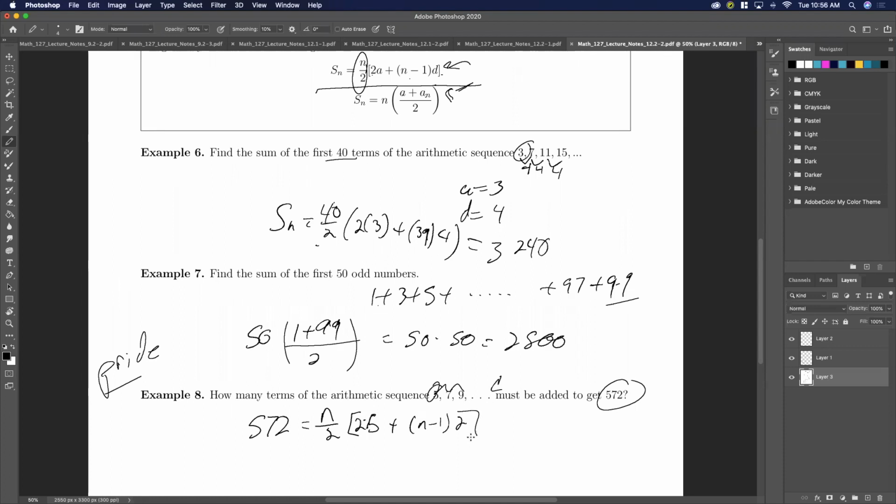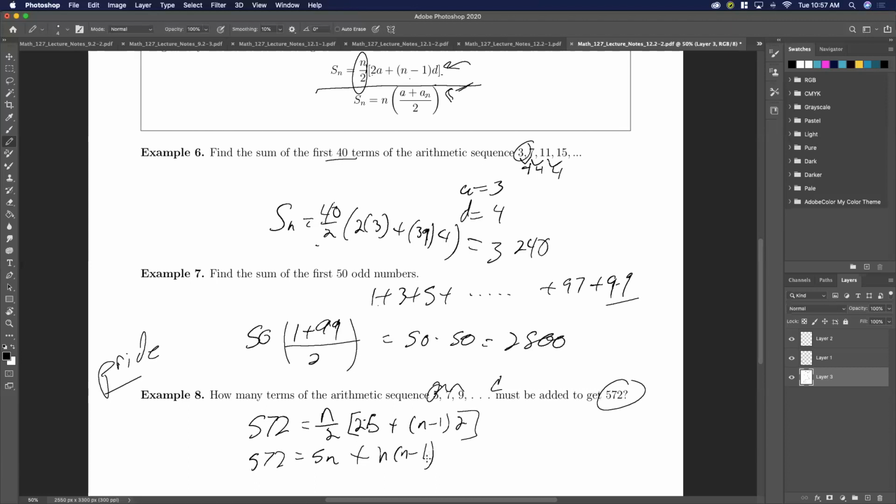Okay, all right. So now what we're going to do, in order to solve this, I'm just going to multiply my n in. If I chuck the n over 2 in, the 2s cancel, so I have 5n. So my first term is 5n plus, what do I have here? I'll have n times n minus 1, and then the 2s will cancel. n times n minus 1 gives me n squared minus n.